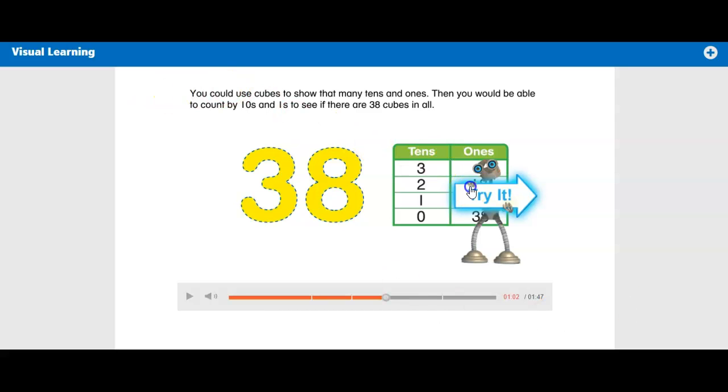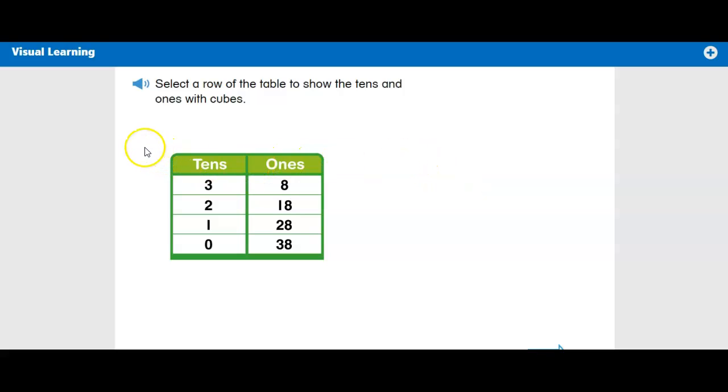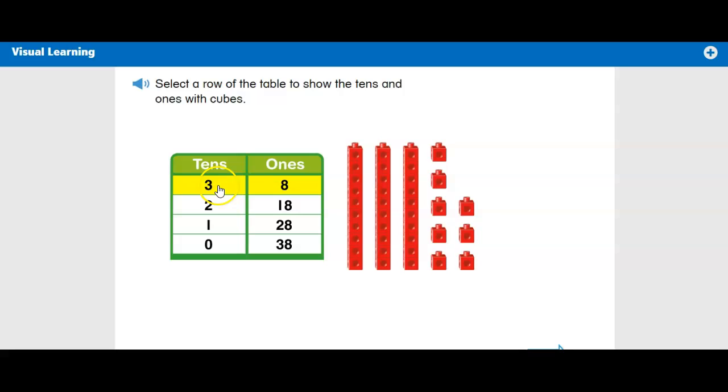Let's try it. Select a row of the table to show the tens and ones with cubes. Let's select the first row. 3 tens and 8 ones. Here we have 3 of the tens cubes and 8 of the ones cubes. Let's see what happens when we go to the second row. 2 tens and 18 ones.